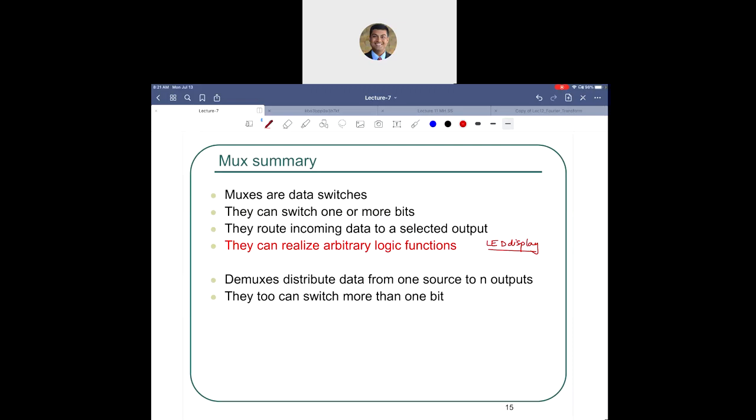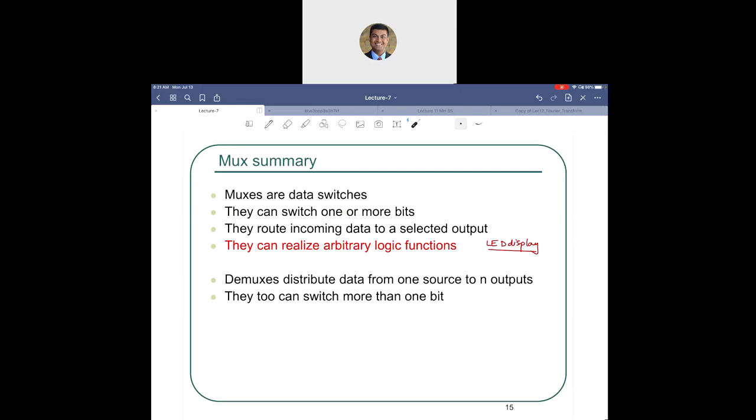All right, now if there is a MUX, there is a demux, right? The counterpart of a decoder was an encoder, and the counterpart for a multiplexer is a demultiplexer. So in this case, we are going from one to many. Route one input to one of the selected outputs.